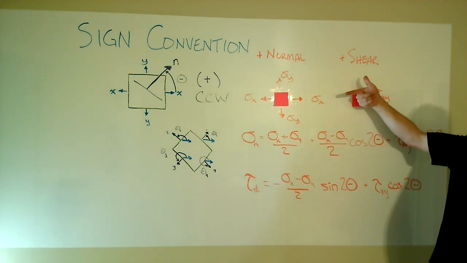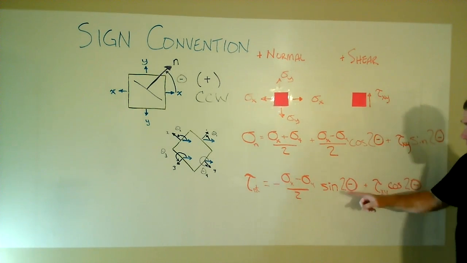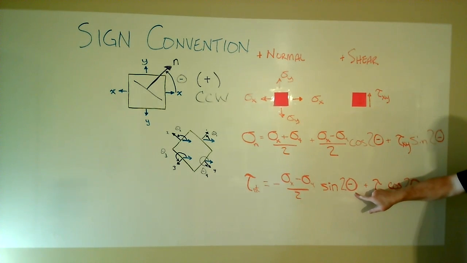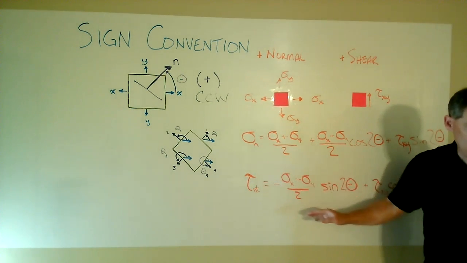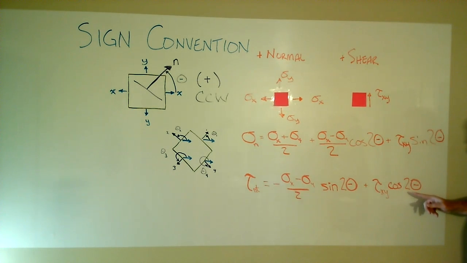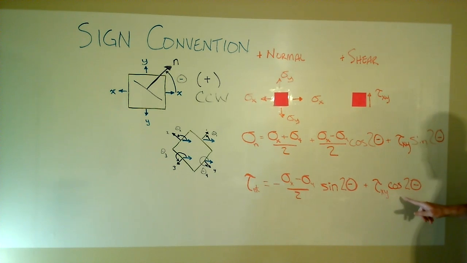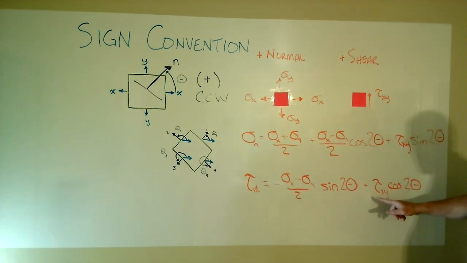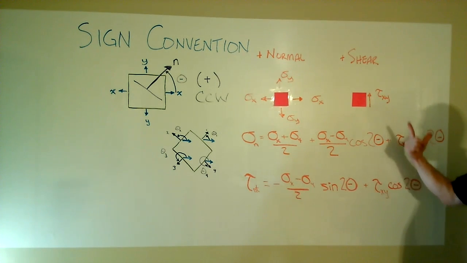That's a positive 90, right? So when we come into here, we've got sine of 2 times 90 is now sine of 180, which is 0. So this whole term is going to go away. This one, cosine of 2 times 90, that's cosine of 180. And, oh, wait a minute, cosine of 180 is a negative 1. So this whole expression, taw nt, will equal the opposite of taw xy.